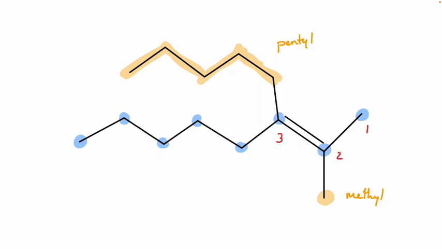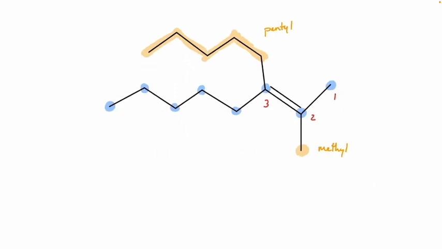And again, I'm going to number in such a way that my double bond gets the lowest possible number. So this would be 2-methyl, 3-pentyl, 8-octene.